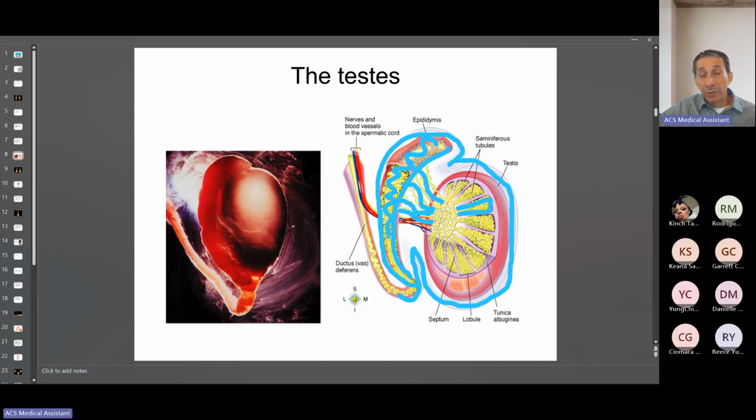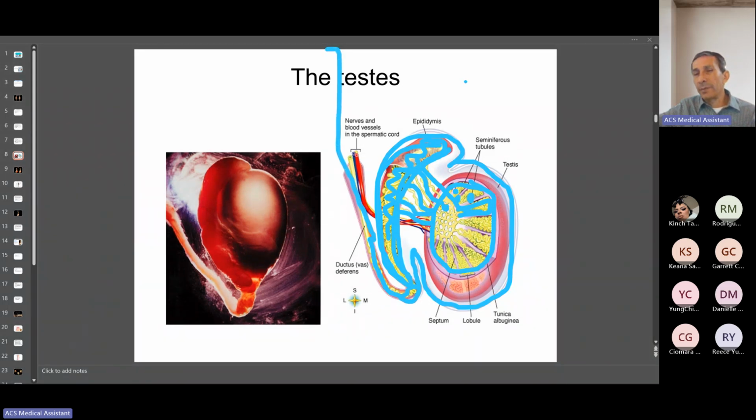The epididymis is very important because within the testicles is where sperm, the male sex cell, is produced. In order for this sperm to mature, it has to move to the epididymis. So in this area on top of the testicle is where the sperm matures. Here are the babies. As soon as they are produced, they immediately move to this area where they're going to mature. And then the sperm is going to be sent through the vas deferens or spermatic cord outside the body.